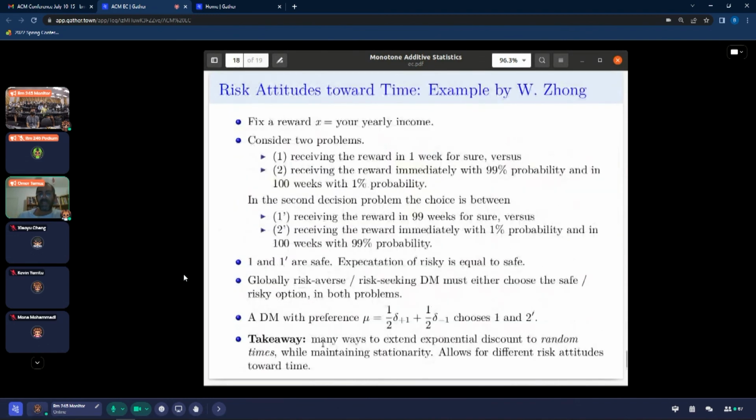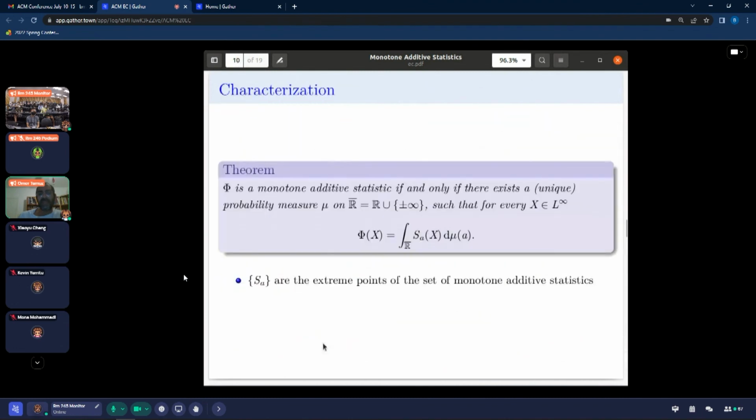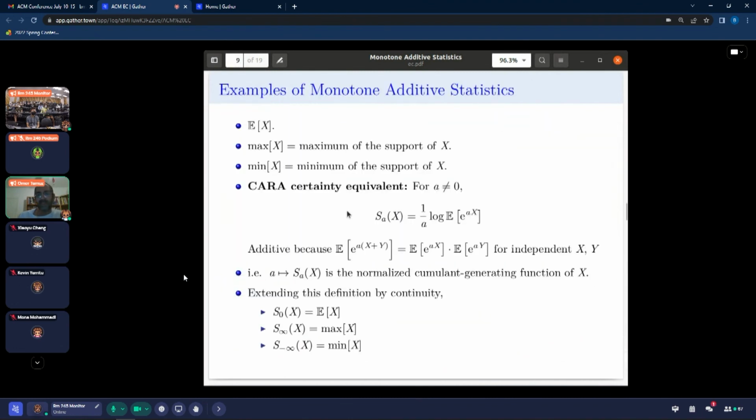Basically the same result holds. These S_A's are going to be vectors, but you can't have mixed signs. So say in 2 dimensions, they have to both be positive or both be negative. And that's everything that you take. So the bottom line is something very similar holds in higher dimension.